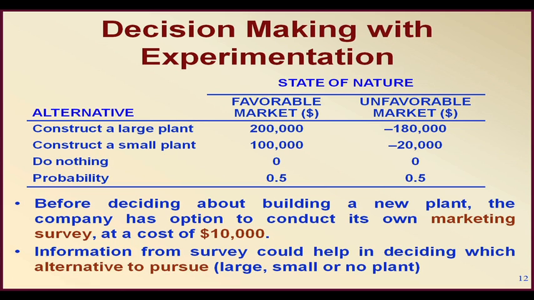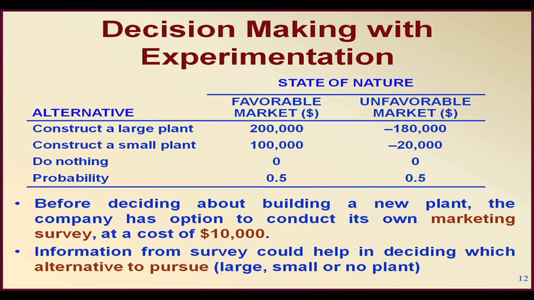The question is that this additional 10,000 amount we are paying, obviously with a hope that better results would be obtained. Now, information from the survey could help in deciding which alternative to pursue, that is either large or small or no plant.